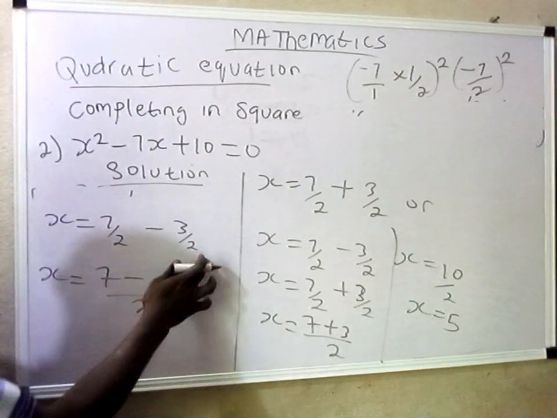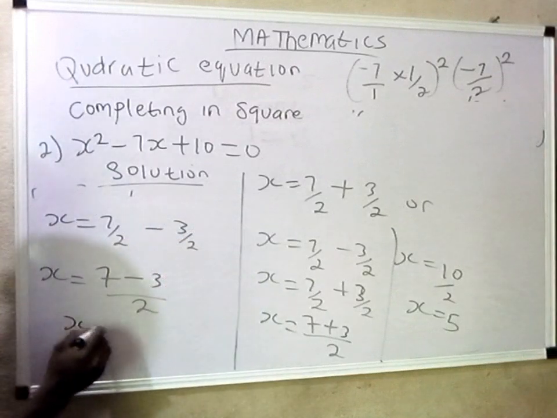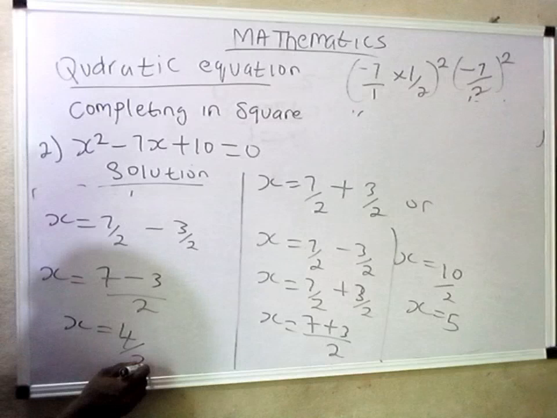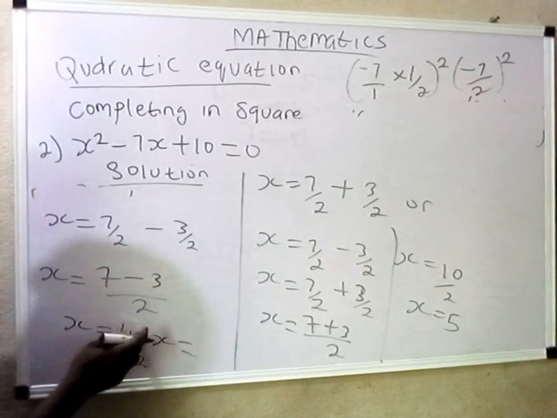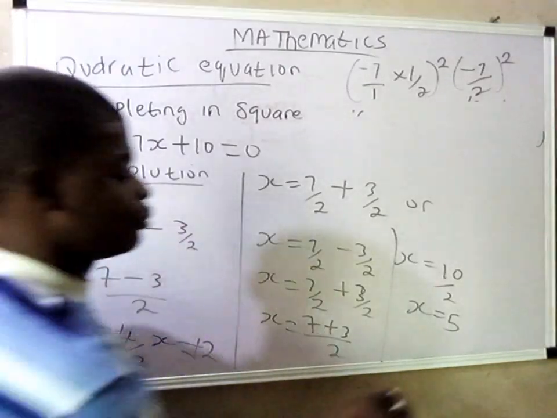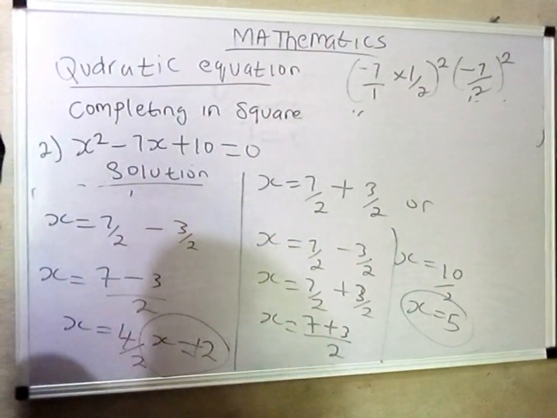Minus 2 into 2 is 1. 1 times 3 is minus 3. So x equals 7 minus 3 is 4. Then 4 over 2. So the value for this answer is x equals 2. So the possible answers to this question are x equals 5 and x equals 2.